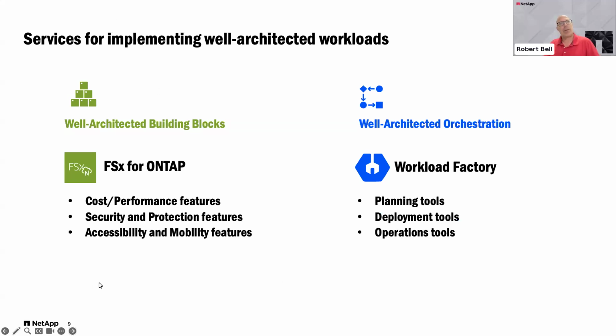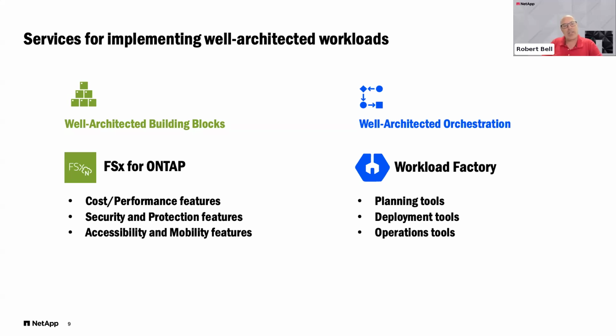So if FSx for ONTAP has the features for cost, performance, security and protection, accessibility and mobility, Workload Factory would be a set of tools for planning, when you're in the planning stage, for deploying these features, and for operating them on an ongoing basis. So what I'm going to do is walk through examples showing how these building blocks in FSx for ONTAP can be implemented using Workload Factory.